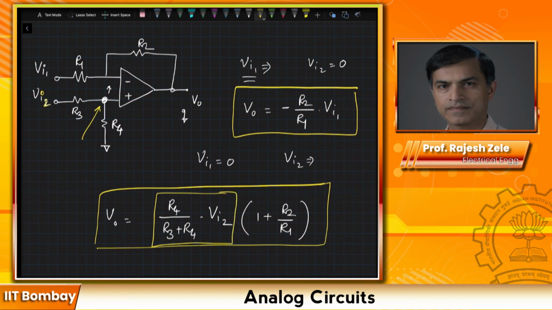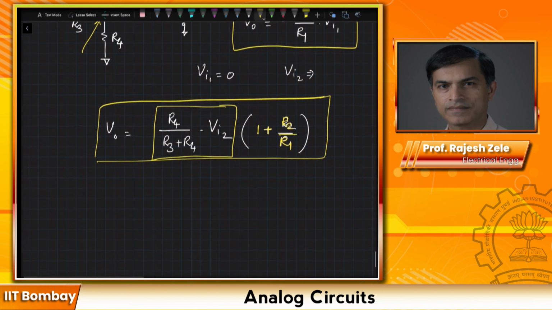It's a voltage divider equation, R4 divided by R3 plus R4 times Vi2. And we already learned the gain for a non-inverting amplifier when you apply a certain voltage at the positive input, and that was 1 plus R2 over R1. Okay, so that's the way we got this particular expression.